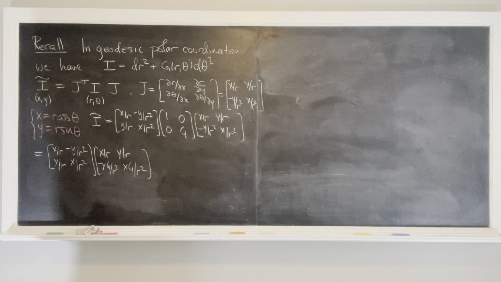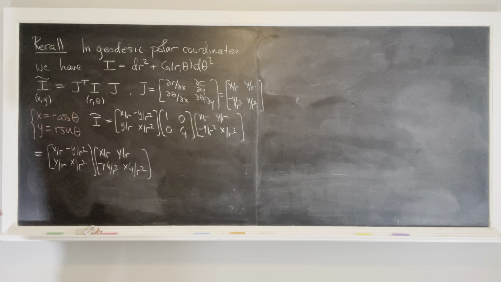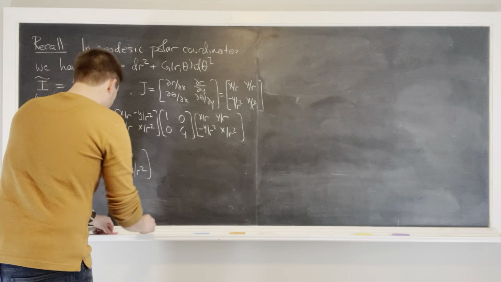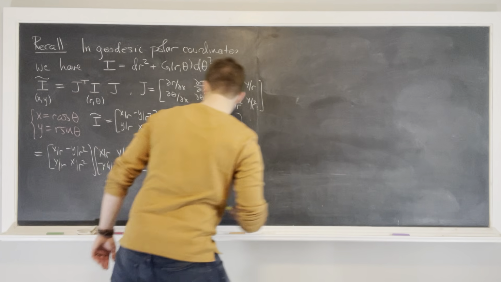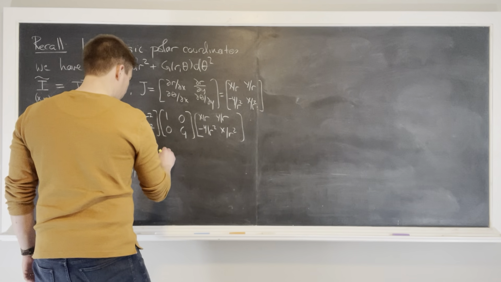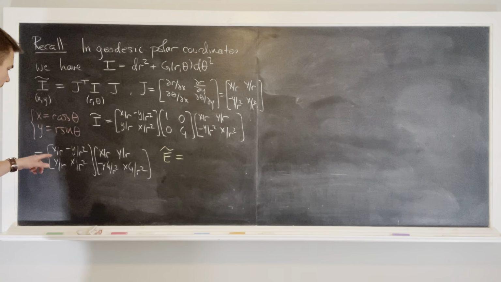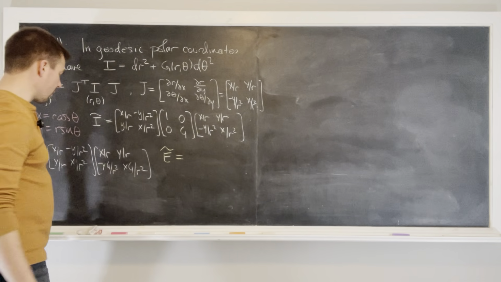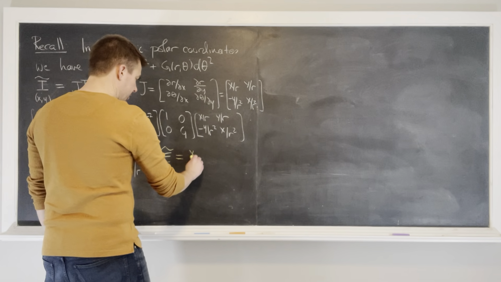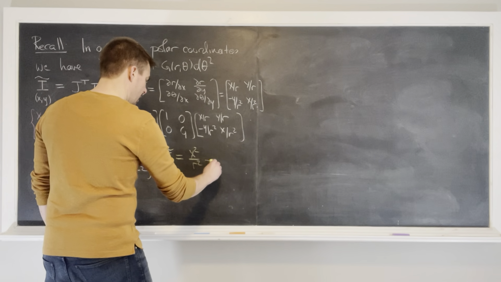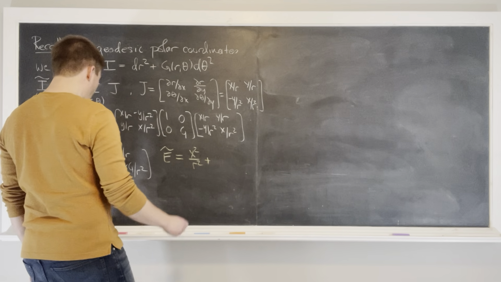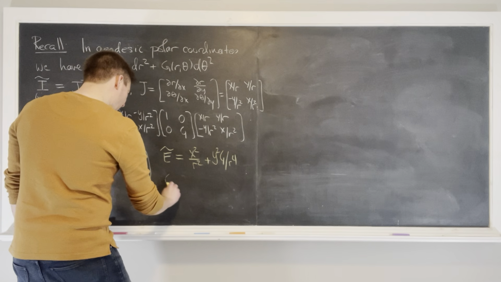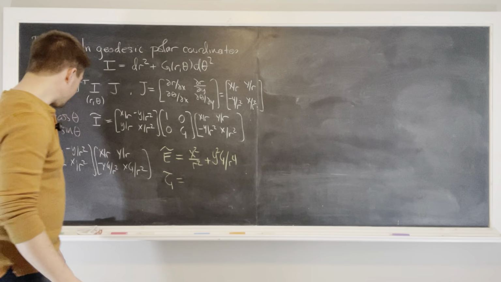Beautiful. Now from this, I'm going to write out two facts over here. So from this, we can see that what's the E tilde component going to be? My E tilde component is going to be x squared over r squared, and then plus y squared g over r to the fourth, right? And then G tilde is going to be what?